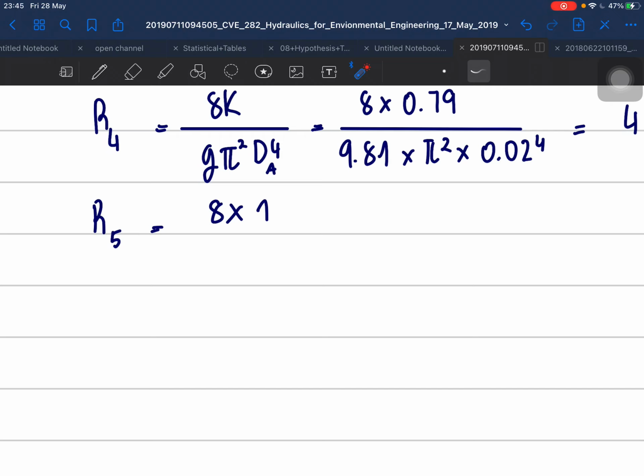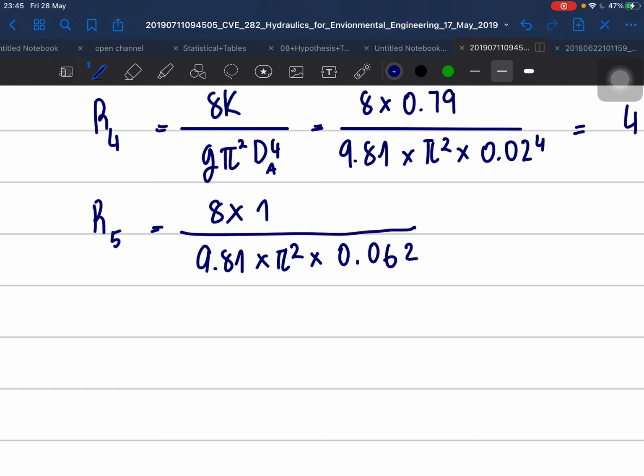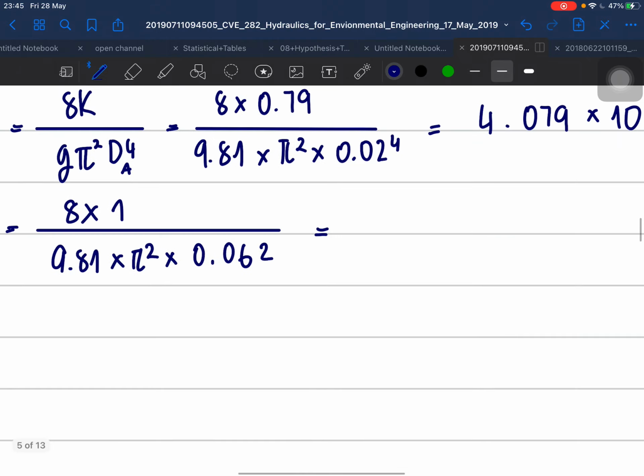K is equal to 9.81 times pi squared times dB, 0.06 squared. Answer? Calculator. Oh, I'm so glad I don't need to change anything in this one. And then the number will come back so strange you can hate it.